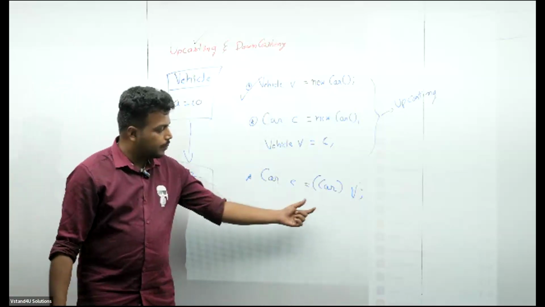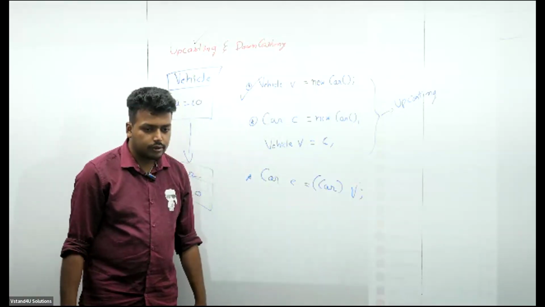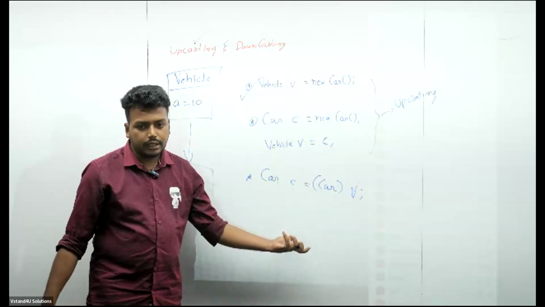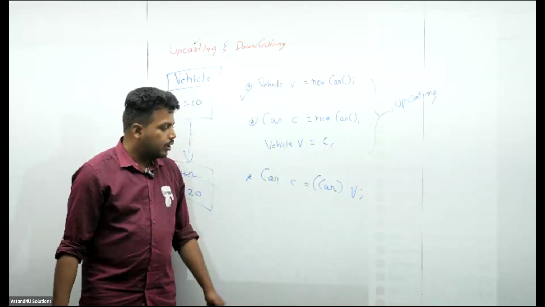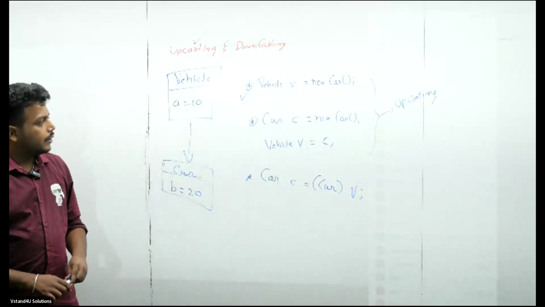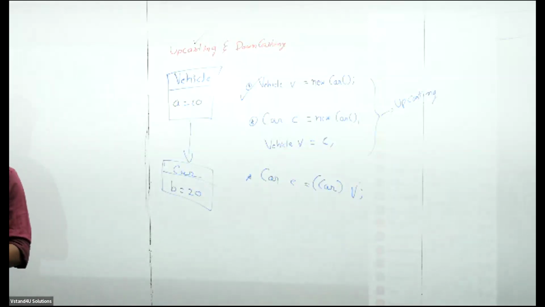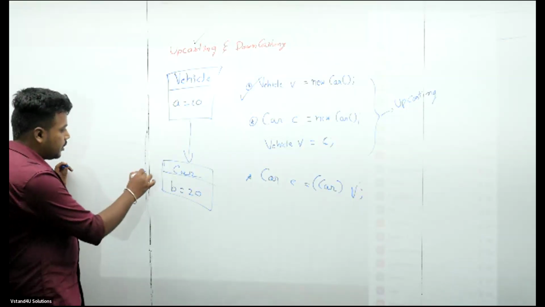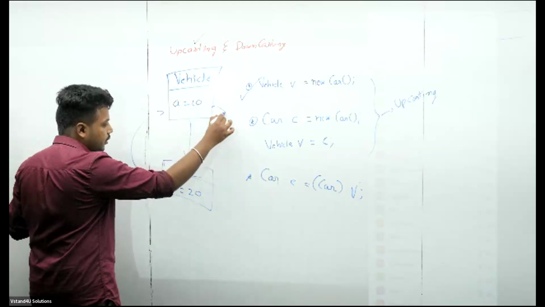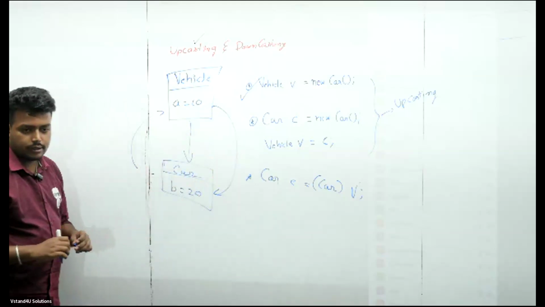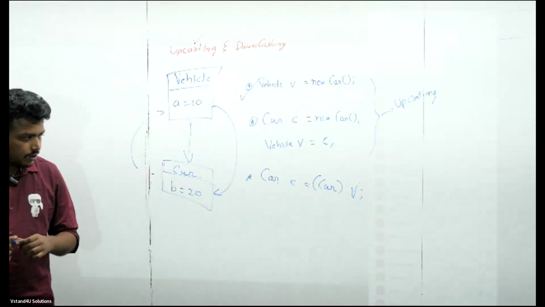If we remove the parentheses, it will act as a declaration, right? Object declaration. Now we understood some parts of upcasting and downcasting. This process is upcasting. This process is downcasting.